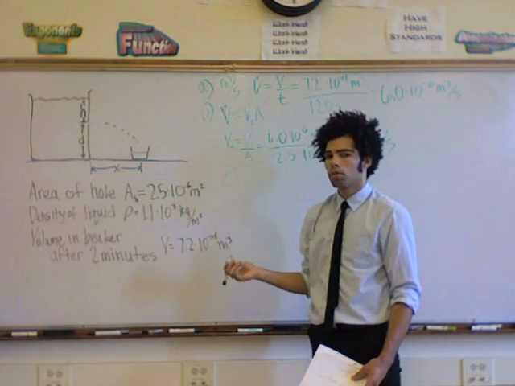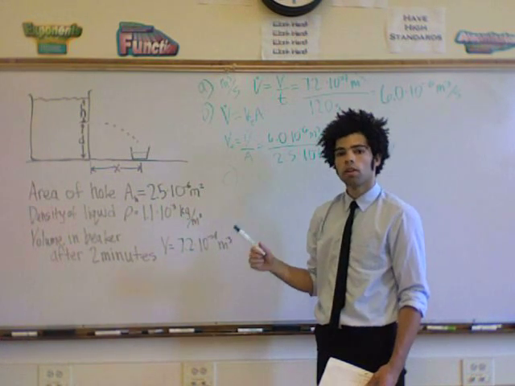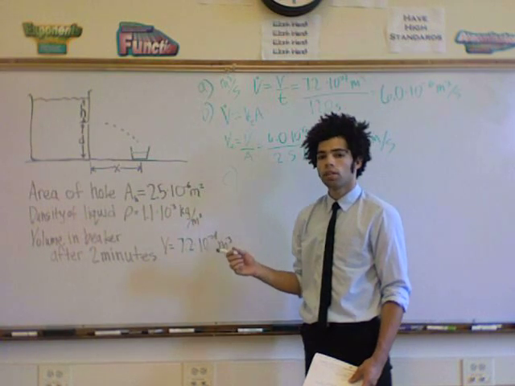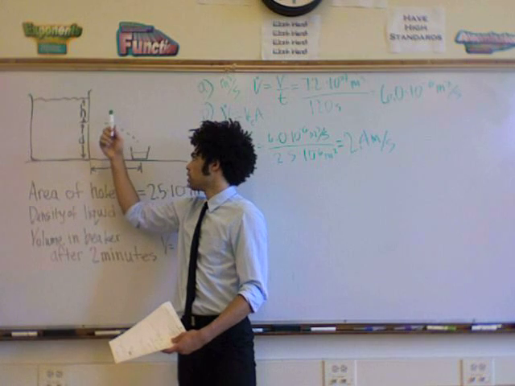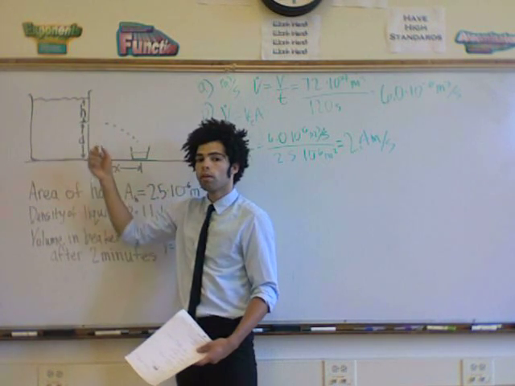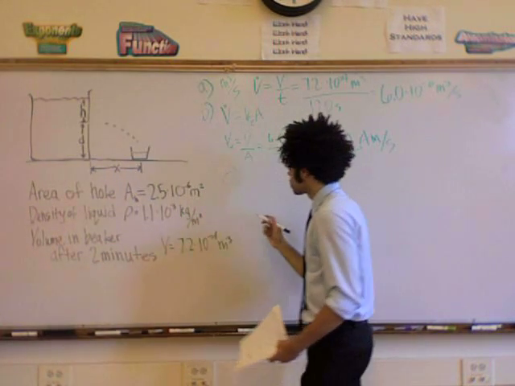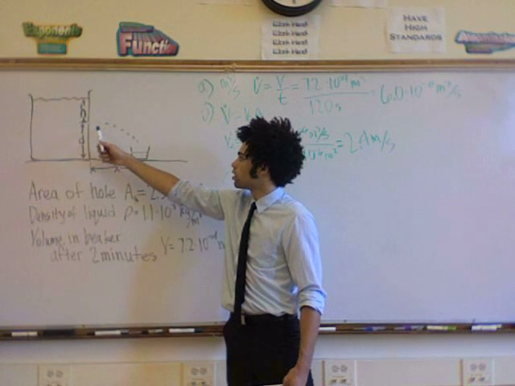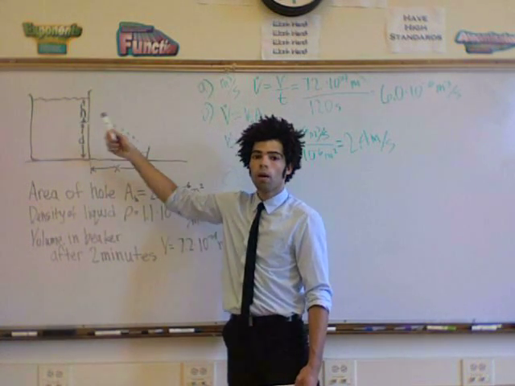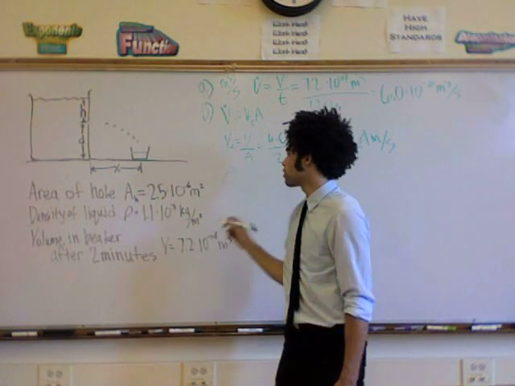We could use Bernoulli's theorem, which can relate the pressure, kinetic energy, and potential energy at one point, for example, the top, to another point, for example, the exit point. But a much quicker way to do it is using Torricelli's theorem. Torricelli's theorem relates this height h to the exit velocity through this hole. But in order to use Torricelli's theorem, you have to state it explicitly applies.